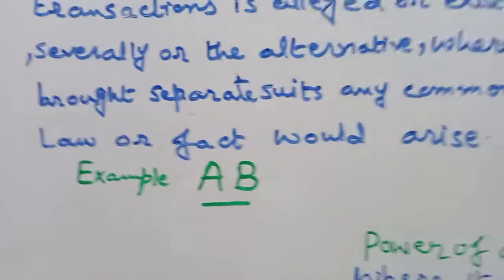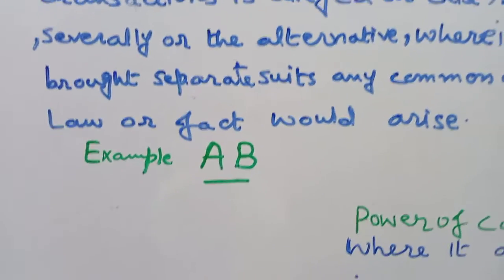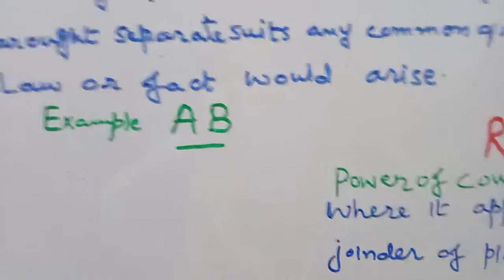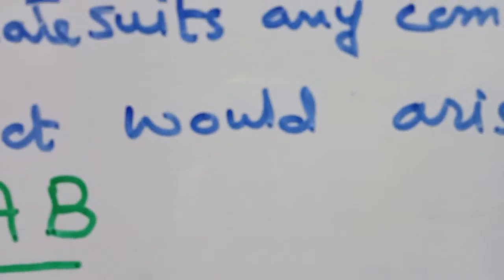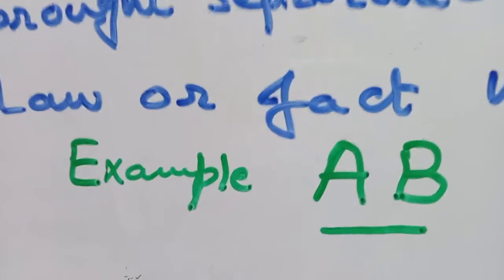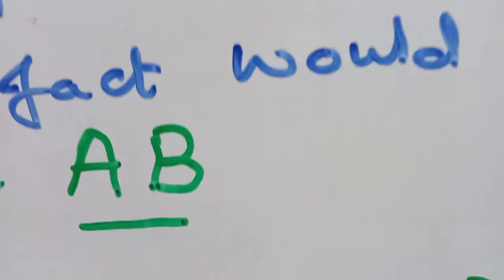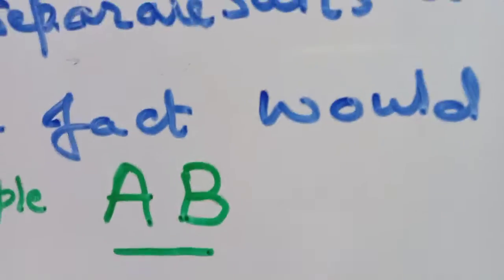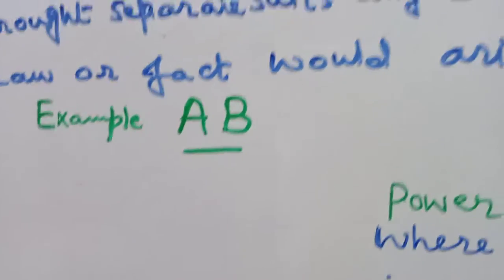Here A and B come jointly as plaintiffs. If A comes alone in this suit, and B comes alone in the same suit, the parties being the same, C and D the brothers, then A submits one suit and B submits another suit. So it is a waste of time.